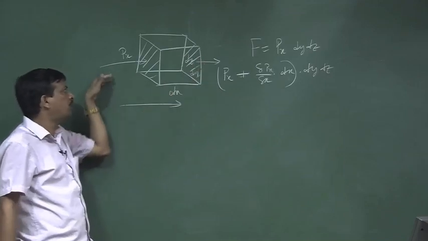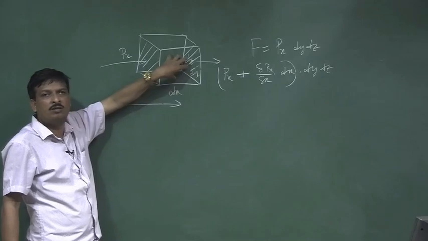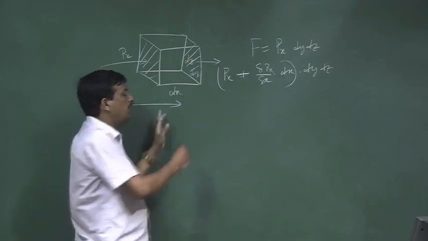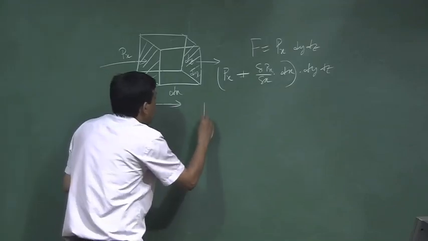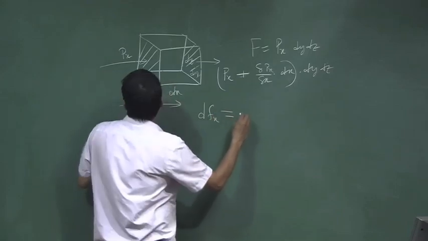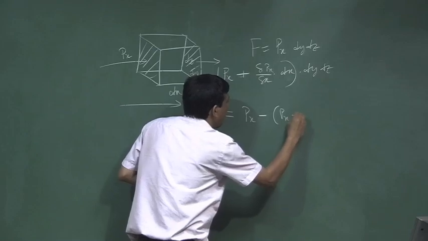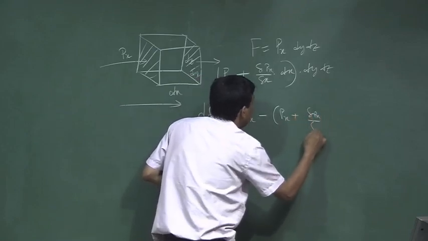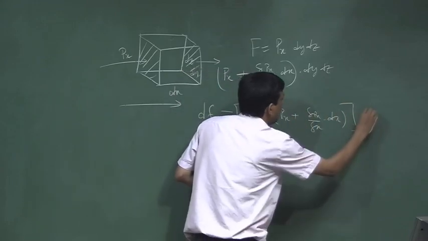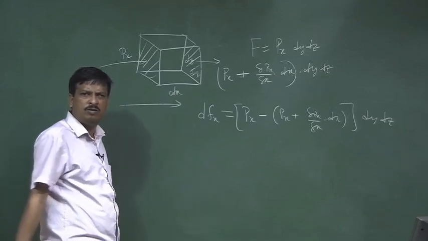If the direction of the force is this way, the net amount of force inside this volume will be this force minus this force. So, the net force dFx acting in the x direction is Px minus Px plus del Px by del x into dx, whole multiplied by dy dz, since pressure multiplied by area is the force.